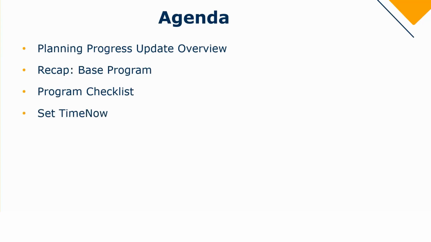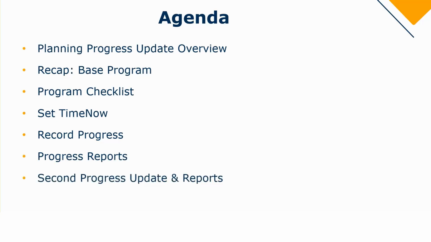We looked at ways of setting the time now and what it means in Candy. And then I showed you the various ways of recording progress, followed by looking at progress reports. Then we did a second progress update and we looked at 1 or 2 reports. And I ended this webinar with the progress analysis and reports.